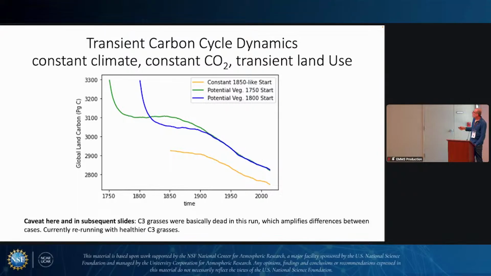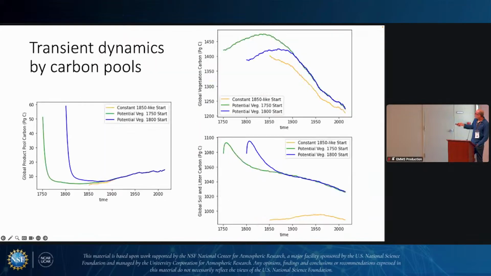So that tells you that if you're going to start up with no land use and then apply all land use at once, it takes about 120 years for that initial pulse to work its way through the system. And again, this is carbon only. That'll almost certainly be worse if we turn nutrients on. But the yellow and green lines, after this period, are running in parallel. But I'll get into that a little bit more.